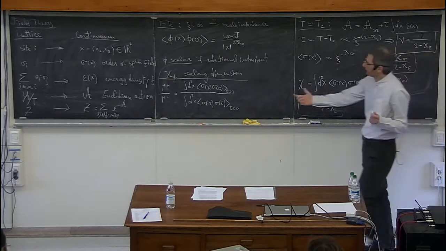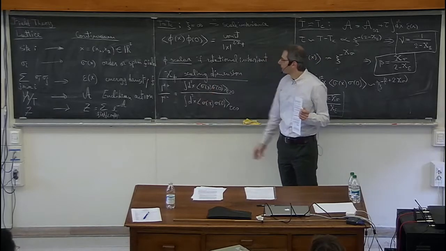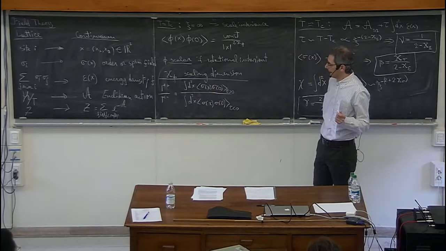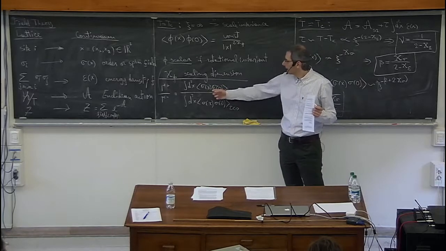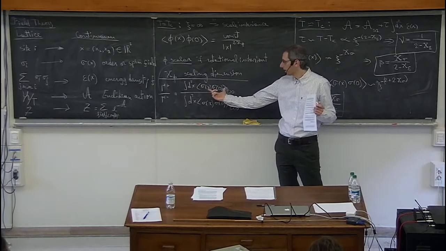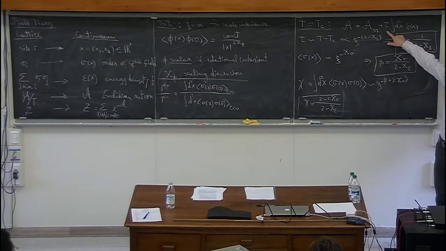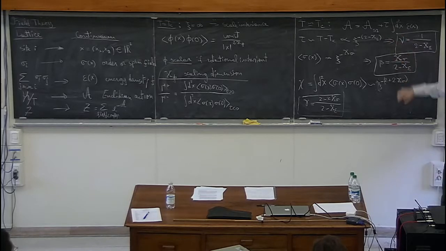Of course, in this ratio all the dimensions drop, and you're left with some universal number. To compute these kinds of things, you need to compute the correlation functions in this theory away from criticality.